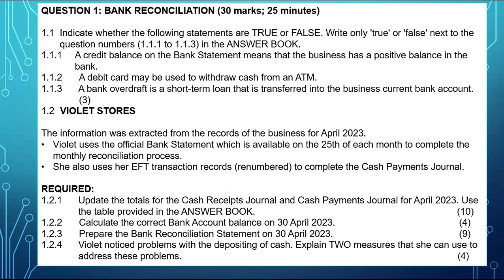When the business deposits money into its own bank account with a respective bank, the business will debit the bank account since that represents an asset. On the bank side, that money that was deposited by the business is a liability, as it does not belong to the bank, it belongs to the business.